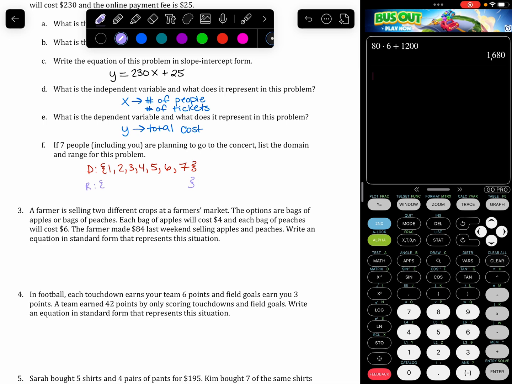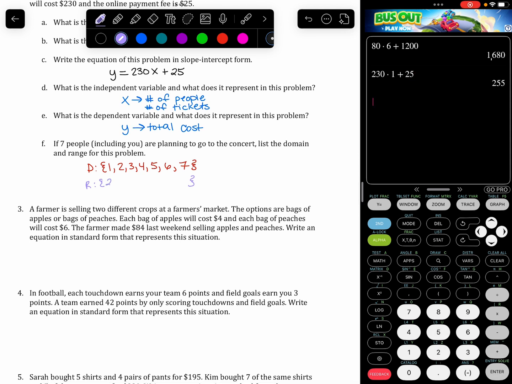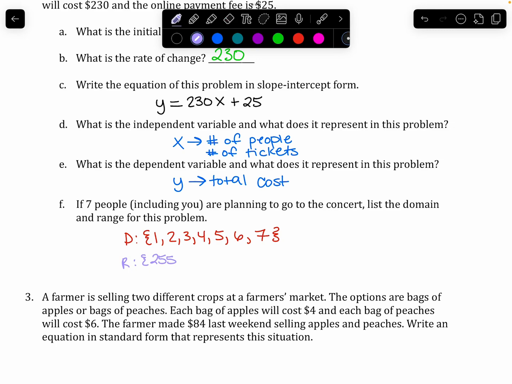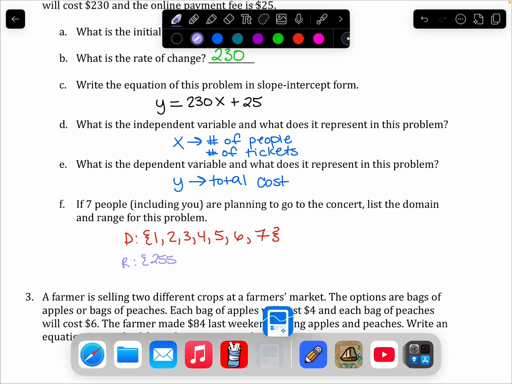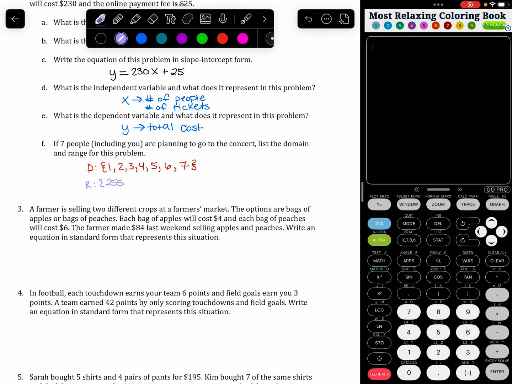All right, so if 1 person goes, I need to figure out what my total cost would be. Okay, so if 1 person goes, that's going to be $230 times 1 plus my fee of $25, and that would be $255.